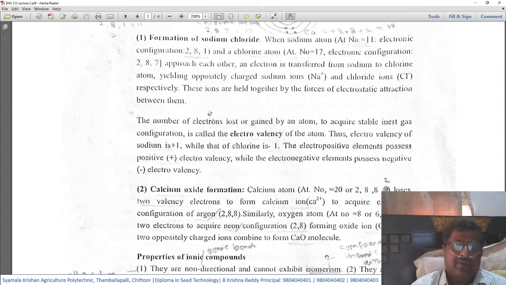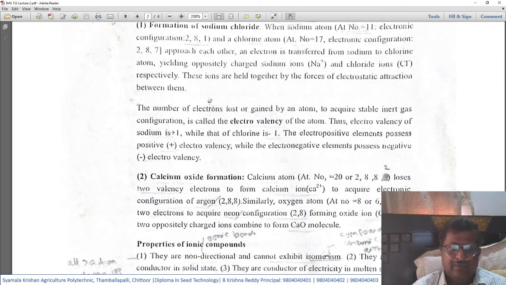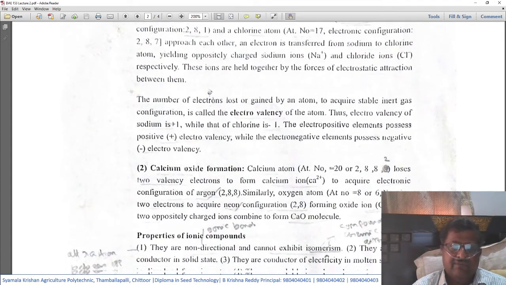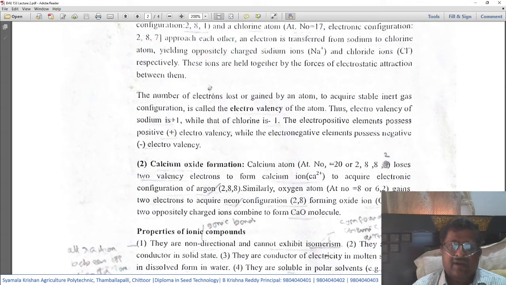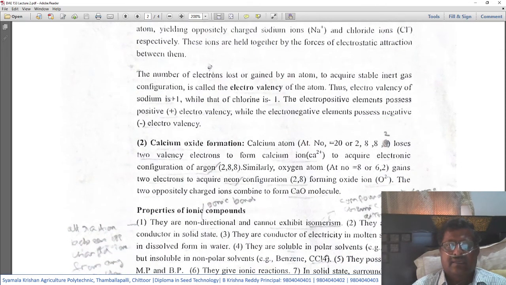Okay. Then let us see the second example of formation of another ionic compound, that is calcium oxide. Calcium atom, the atomic number is 20. The electronic configuration will be 2, 8, 8, and 2.